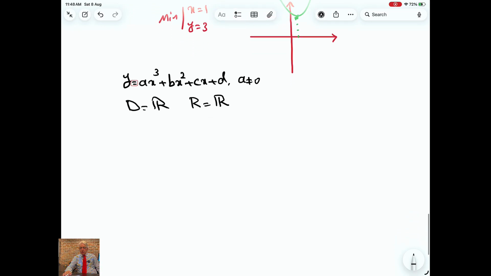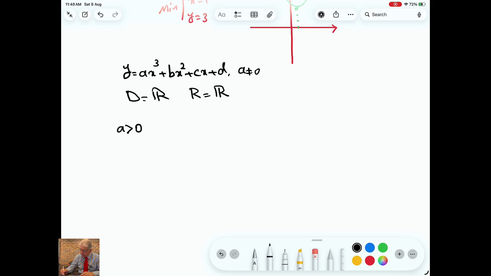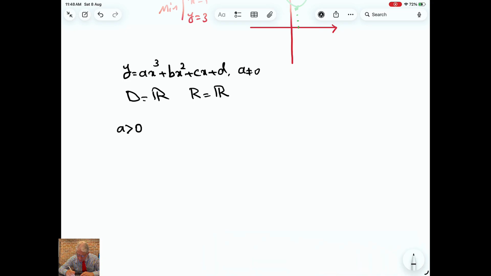The graph of this cubic function has 4 different types. Each 2 of them depend on the value of a. Now, if a is more than 0, you are going to get 2 graphs.